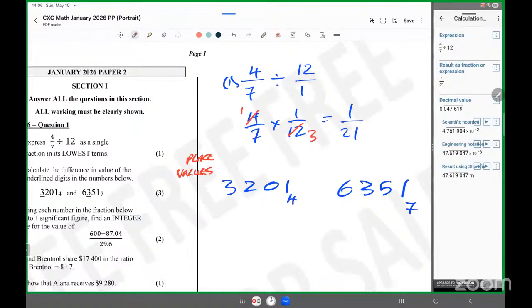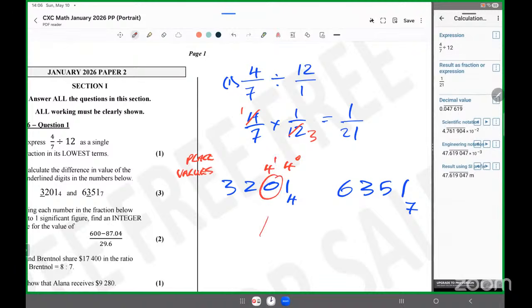So the first place value in base 4 is 4 to the 0. The first place value is always to the 0. So this number is base 4, so this place value is 4 to the 0. So this number is 1 times 4 to the 0. So its value is 1. The second place value is 4 to the power 1.